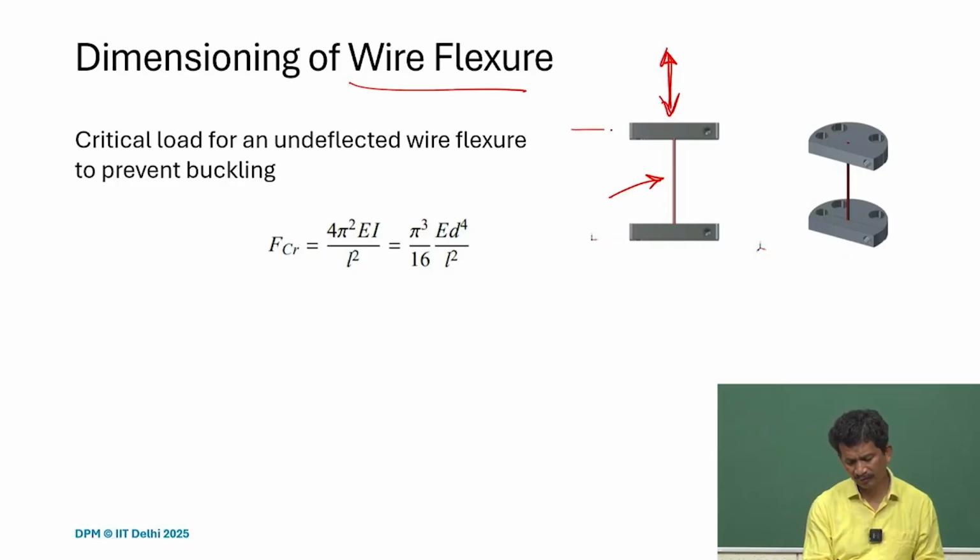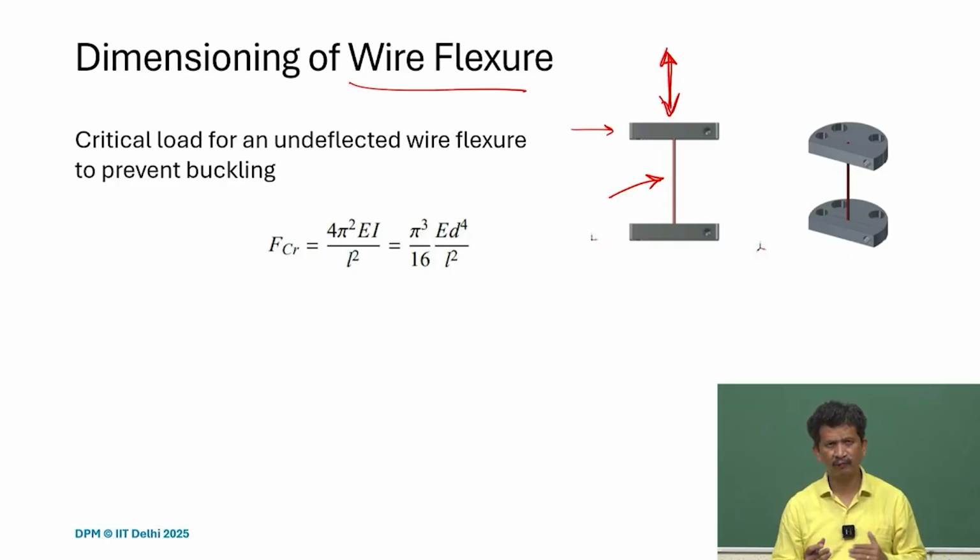One can ask what happens if there is a motion. If a lateral force is coming, it will be supported by some other wire flexure, not by this one.